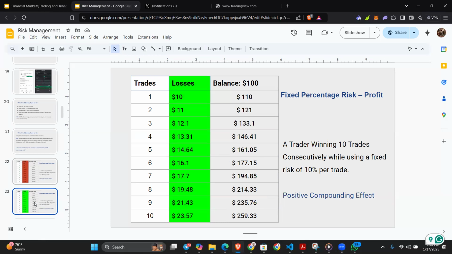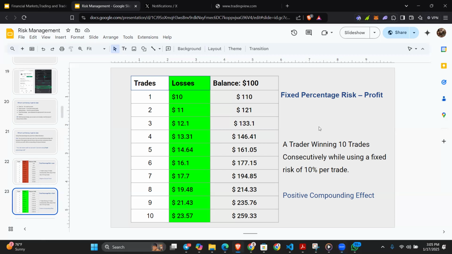Now this is the beauty. When you are on a losing trade, it's working on a negative discount factor. But when you are on a winning trade, it works on compounding. Now let's also take a scenario whereby this trader has 10 trades, and out of these 10 trades consecutively, all of them are in profit.